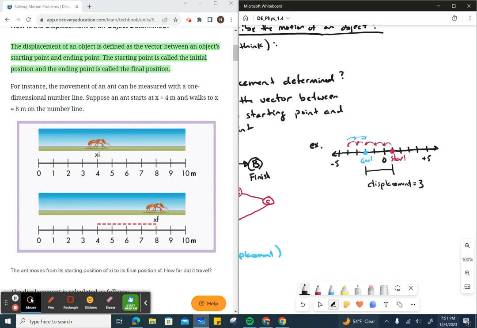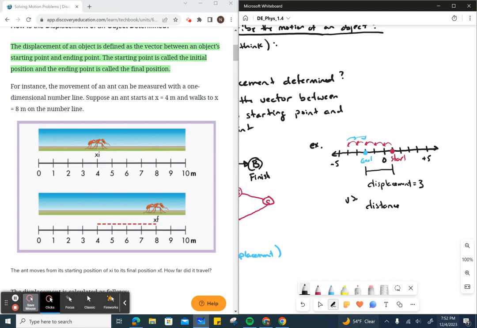All right, enough of that. Now, if I were to say how far I went, distance versus displacement, how many steps were involved for my total travel? Well, then I'd have to count all the steps. Going left, 1, 2, 3, 4, 5, and then 2 to the right, 6 and 7.